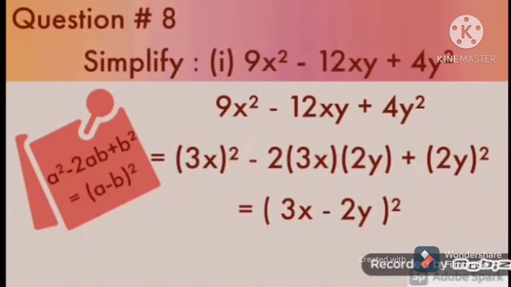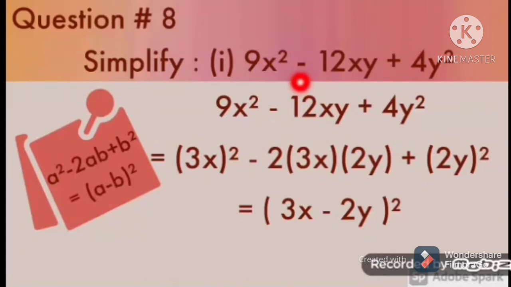We will solve question number 8 now. The first part of question number 8 is 9x square minus 12xy plus 4y square. Question number 8 is the same question as question number 2, but the difference is only of sign.